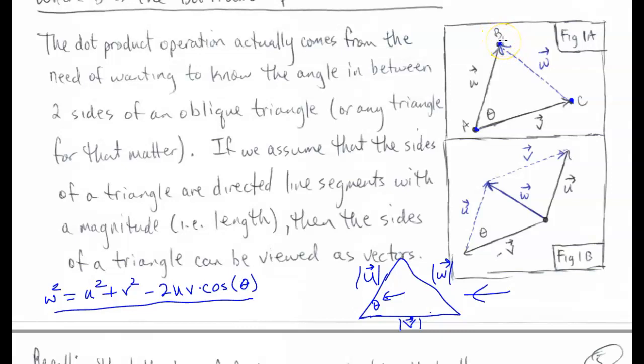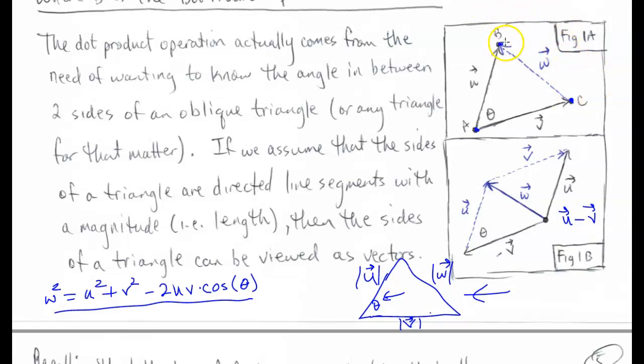Okay. Now, another thing that we see is that this vector w here, if we use the parallelogram law, is actually the resultant of the vector u minus v. Okay, not u plus, it's actually u minus. And so to make my point, if we use the parallelogram law here, I'm going to change colors for just a second.